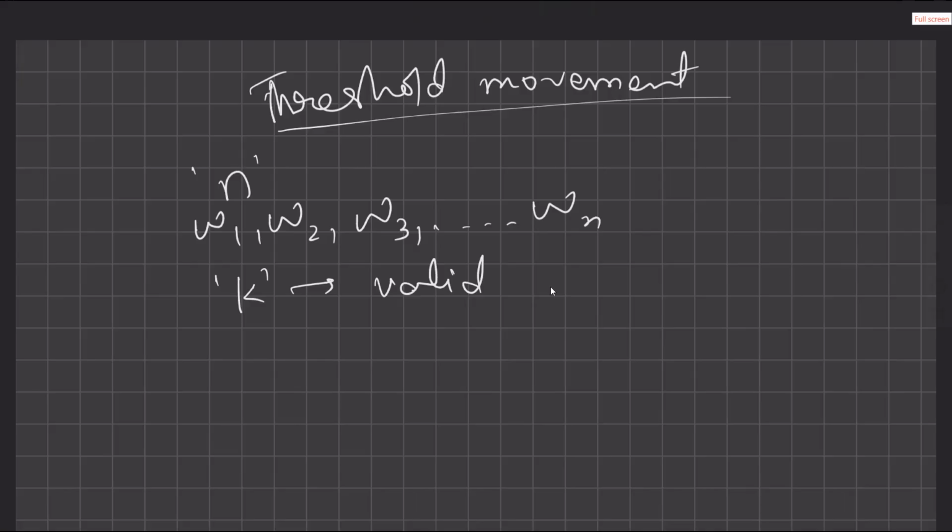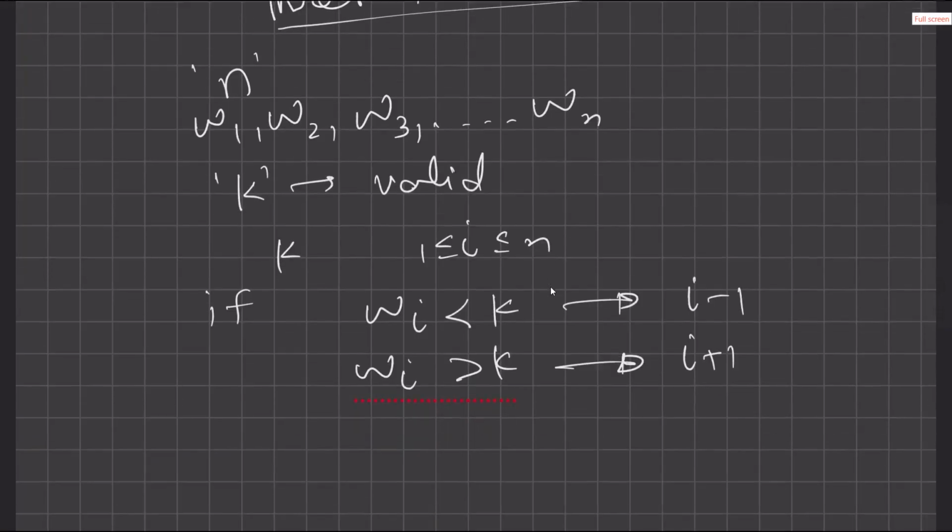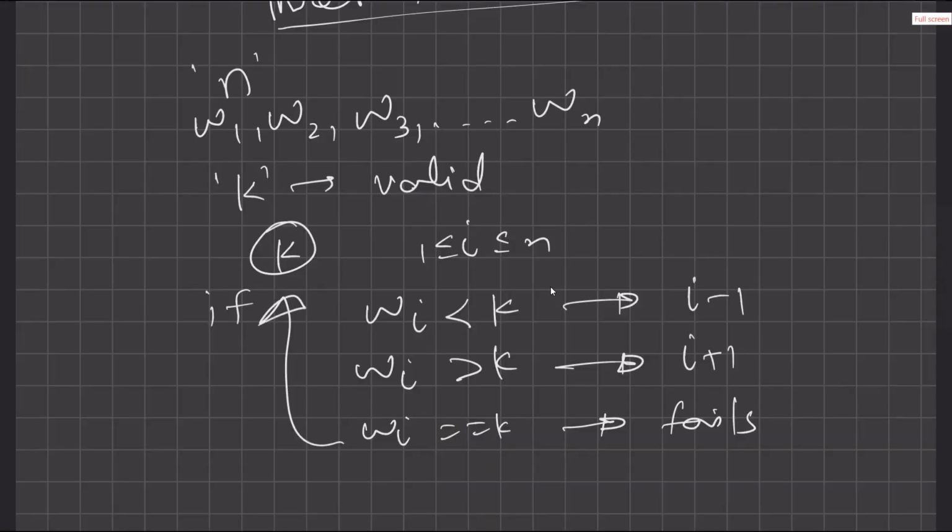Valid in the sense that for all indices i from 1 to n, if the weight at the ith index is less than k, you shift that element to the previous index, i minus 1. If the weight is greater than k, you shift that element to i plus 1. And if the weight equals k, then the moment you do the shifting, it fails.